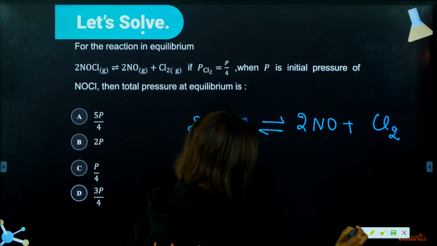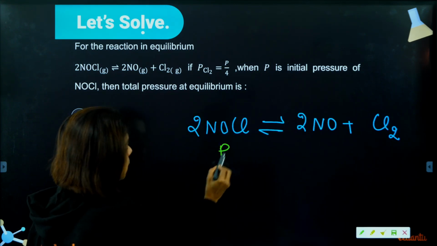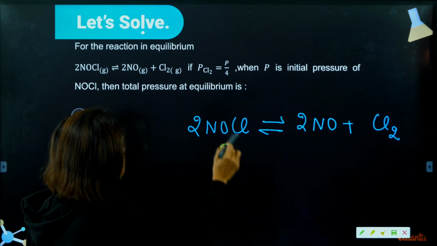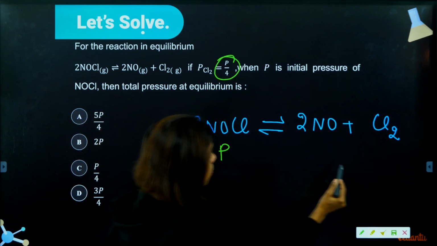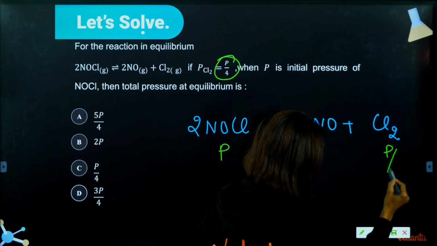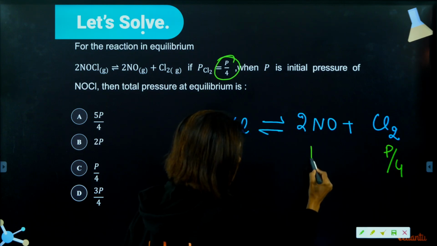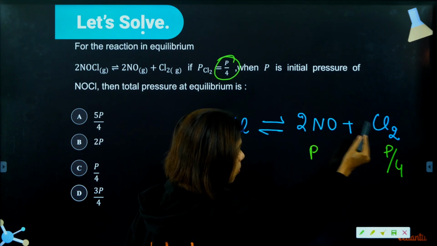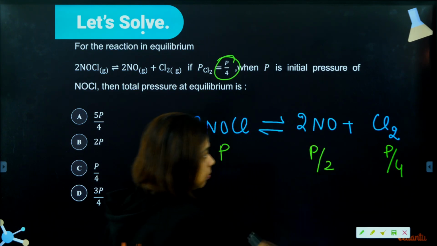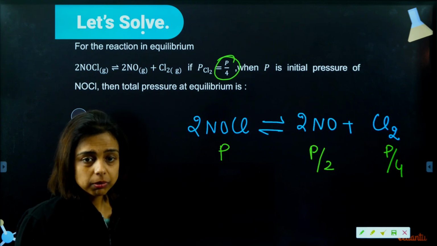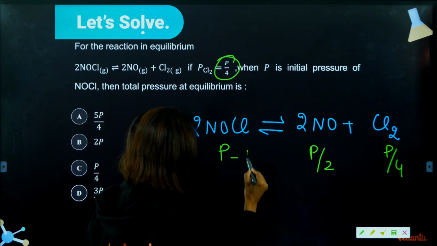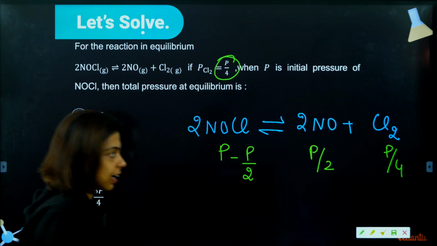So the initial pressure is P here, but Cl2 is P by 4. That means if 1 mole of Cl2 is formed, that means 2 moles of NO is formed. Yes, that means 2 moles of NOCl is reacted.